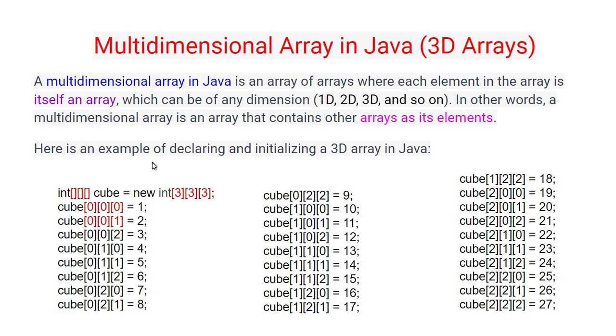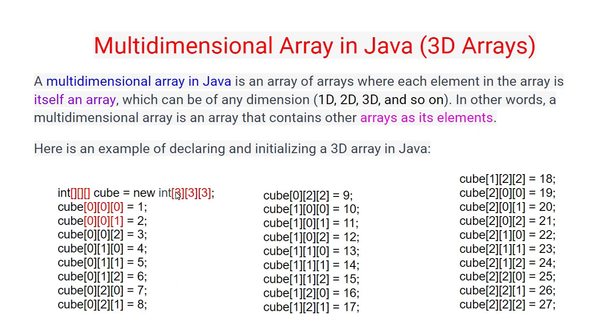Let's understand what exactly we are doing in the 3D array. Here is the example of declaring and initializing a 3D array in Java. You can see int square bracket cube equal to new int, and we have given row, column, and height, and through that we created one 3D array. How many values can this array store? 27.